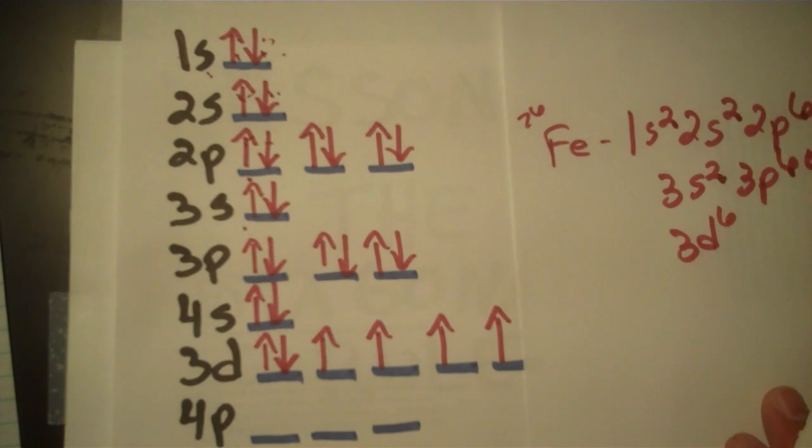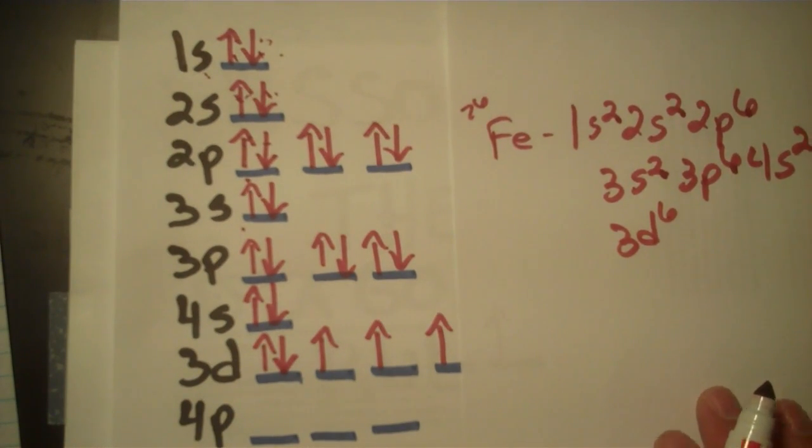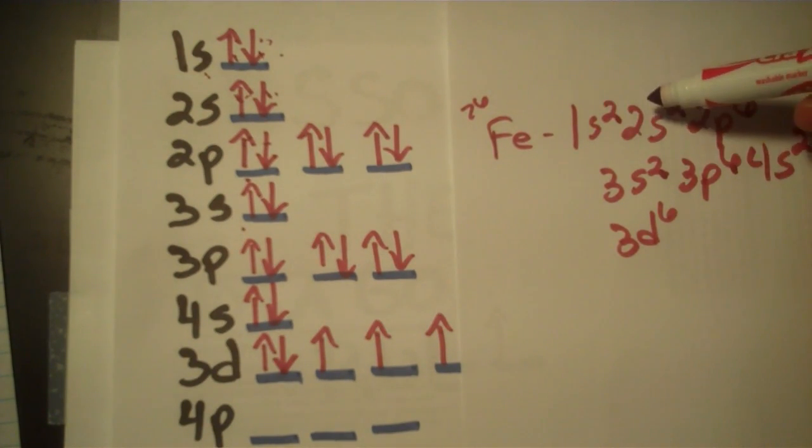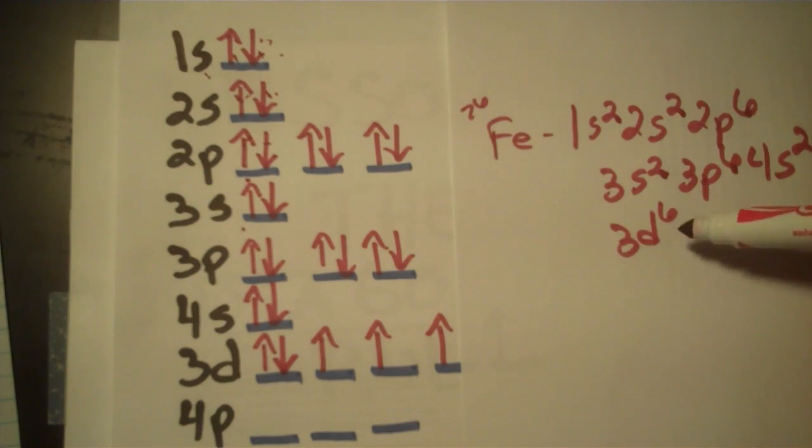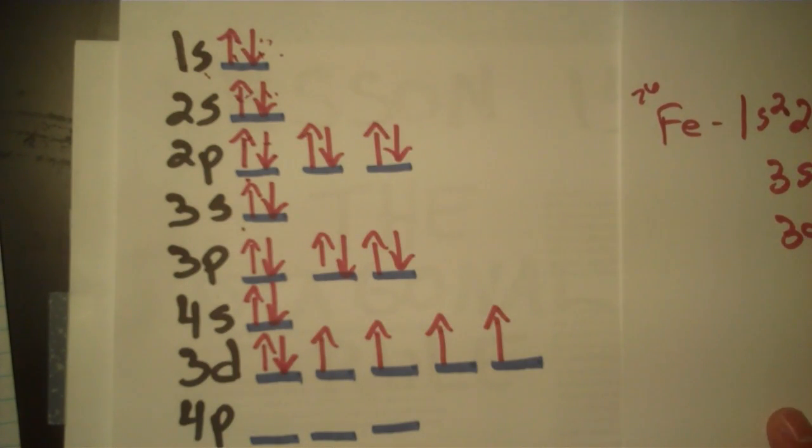So that's my electron configuration for iron. 1s2, 2s2, 2p6, 3s2, 3p6, 4s2, 3d6.